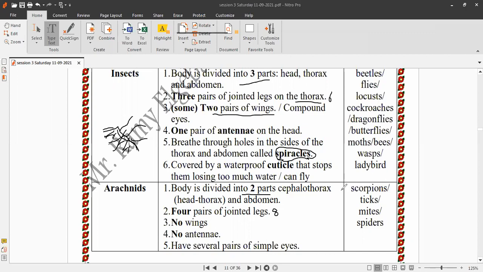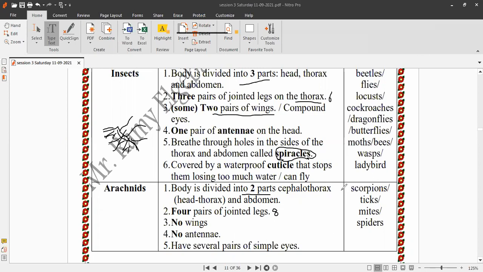Air enters the spiracle, the small holes in the sides of the thorax and abdomen, allowing oxygen to travel along a network of tubes called trachea to reach the cells in the insect's body. This is how insects breathe through spiracles.